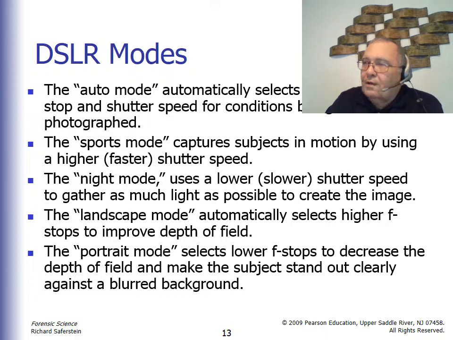We'll start out in maybe auto mode to just get started. Then we'll quickly transition to aperture mode, which is the most common mode used by professional photographers, and also photographers that do a lot of sports.